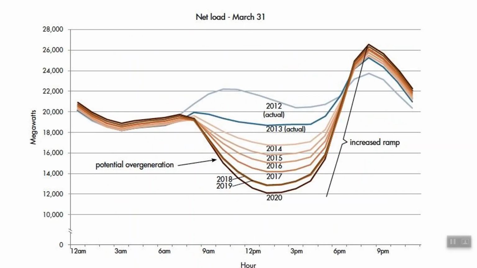Okay, let's look a little bit more at renewable energy and why we might need some storage. Okay, so this right here is our load in California, I believe. And you see we have it changing with year. So here we've got the load in 2012.